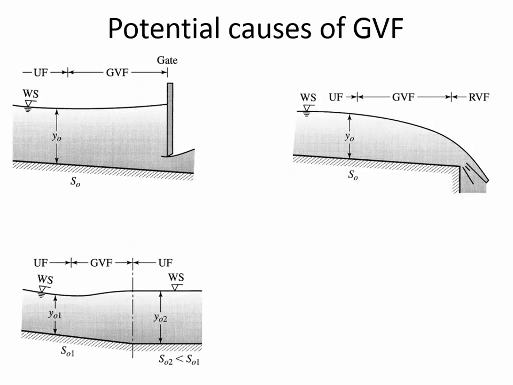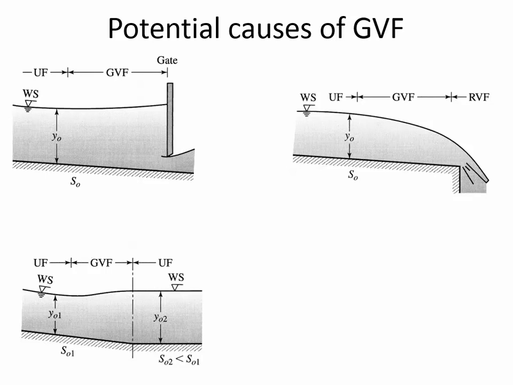And what you can see here is that the second slope is more mild than the first one, meaning it has a shallower slope. And so the depth is bigger, the normal depth is larger. And so joining the upstream normal depth and the downstream normal depth, there has to be some gradual transition linking them.